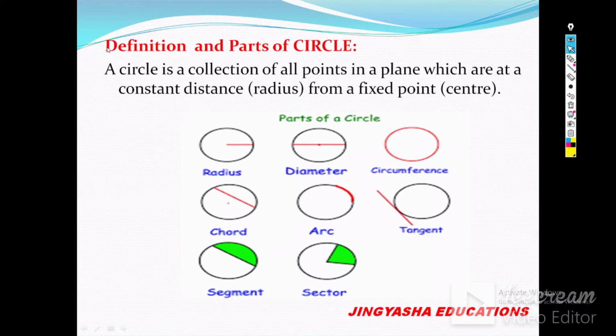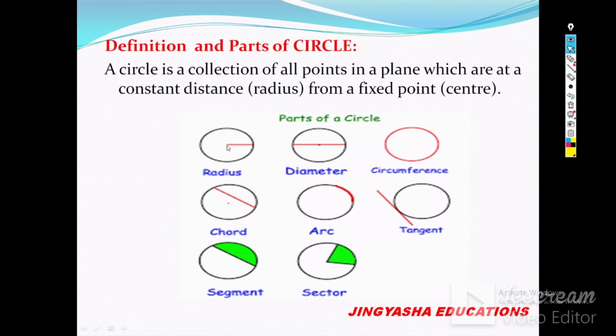We can simply say a circle is a collection of all points in a plane which are at a constant distance from a fixed point. So that means you can see that there is a center at the middle of a circle. All the points on a circle are at a constant distance from that center, and that distance is the radius.